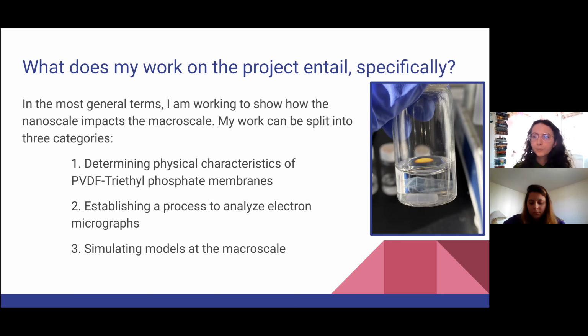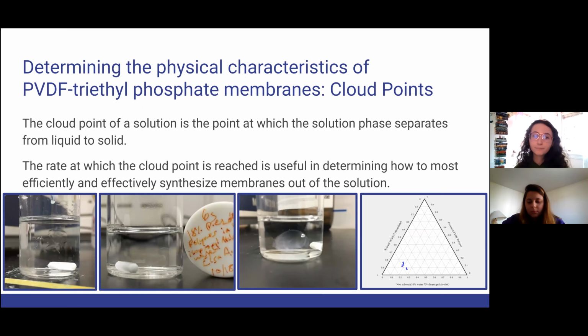So let's start with what I did at the lab before COVID-19. I worked quite extensively to determine the cloud point of the membranes, which I synthesized of PVDF copolymer and triethyl phosphate. At the time of mixing these solutions, they were just a liquid solution, which you can see in these bottom photos.